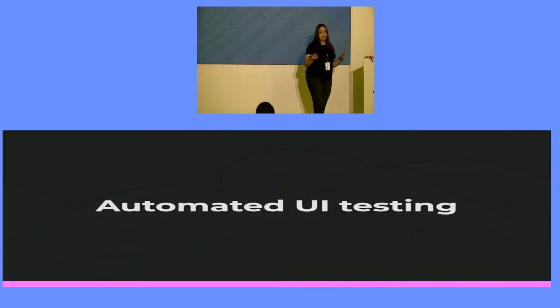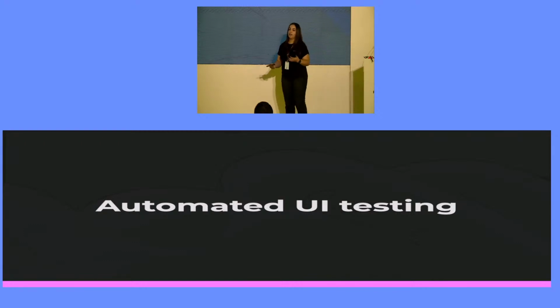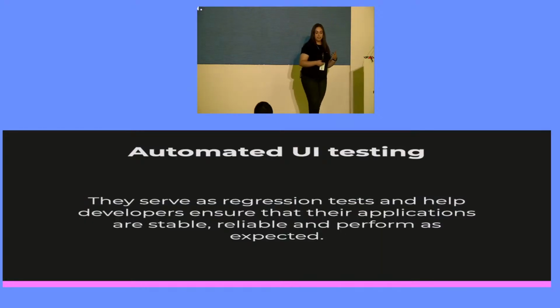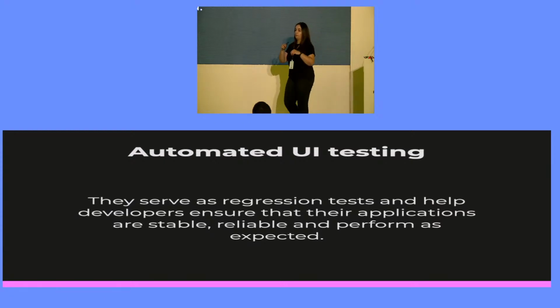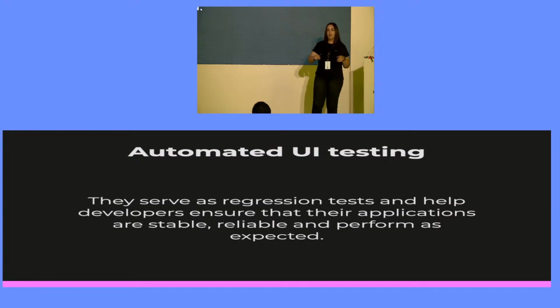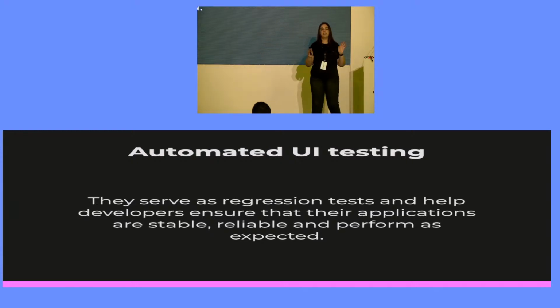So for doing end-to-end testing, we are using some automated UI testing. What does it mean? It's something that is going to replicate some user operations in my application. So I will write some code just to make sure that all the user experience that I want in my application will be replicated in a faster way, and I will be sure that everything is working fine.